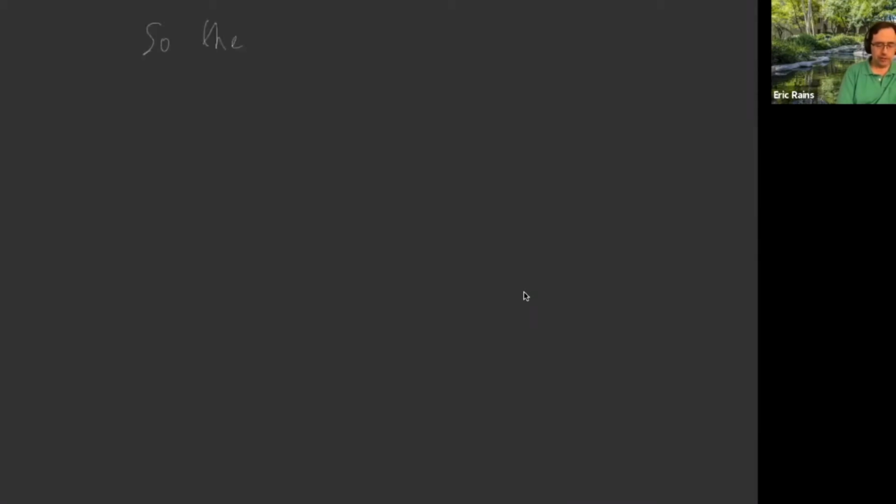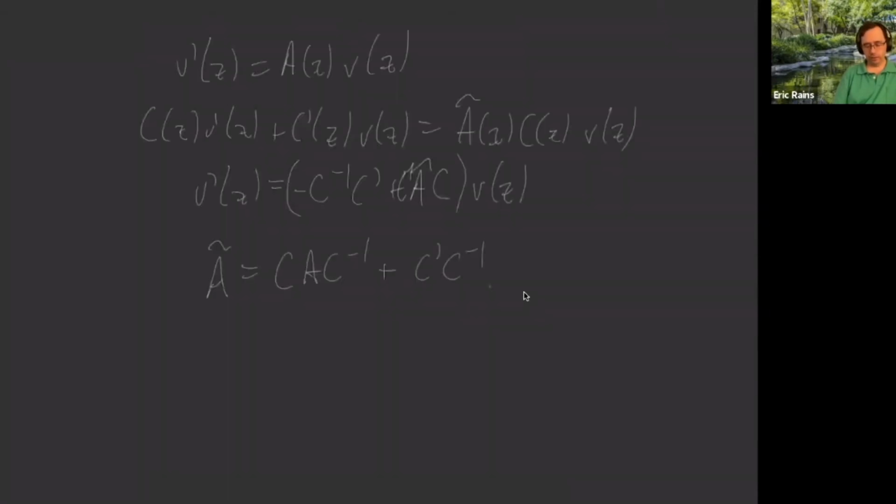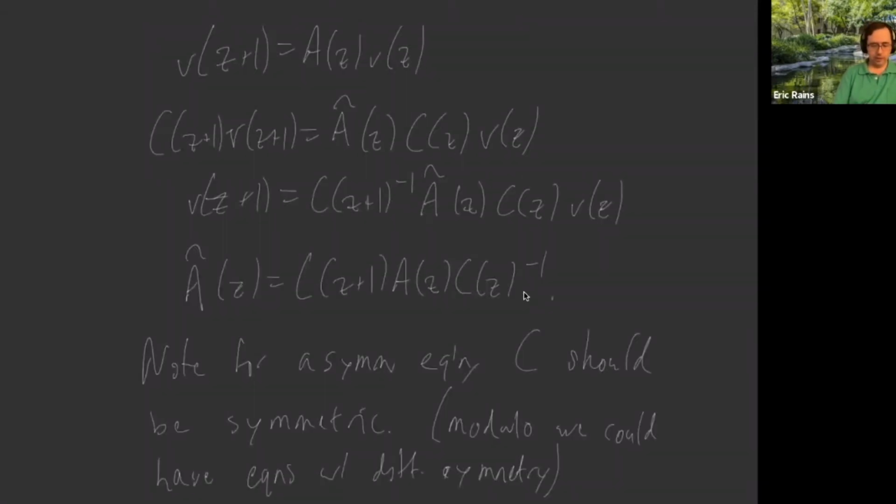Okay, so that said, the commutative relaxation is just going to be A hat is C A C inverse. Because in the differential case, it's pretty clear, we're supposed to be taking the limit in which our shift goes to 0, and so that just turns into conjugation.